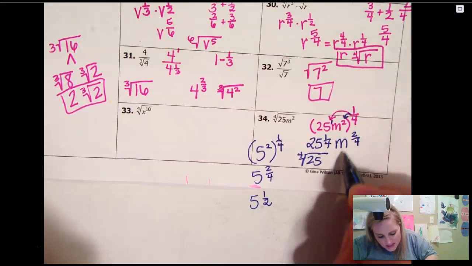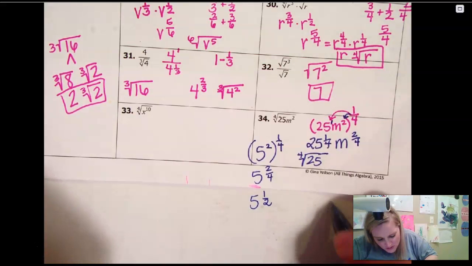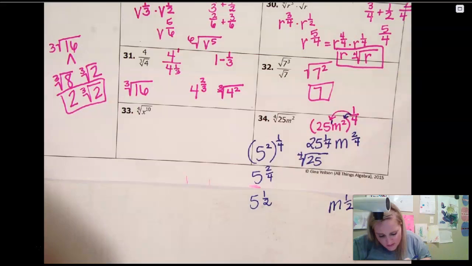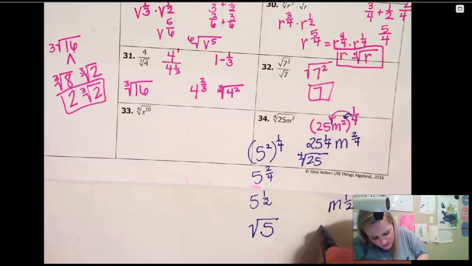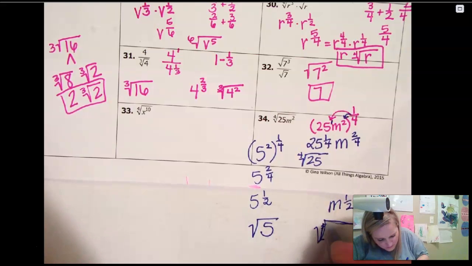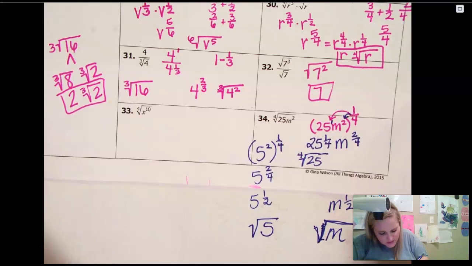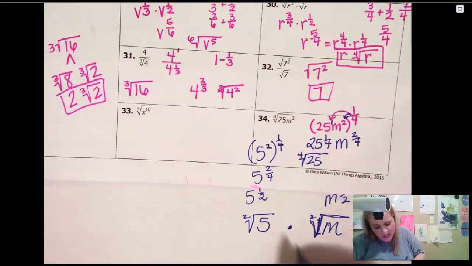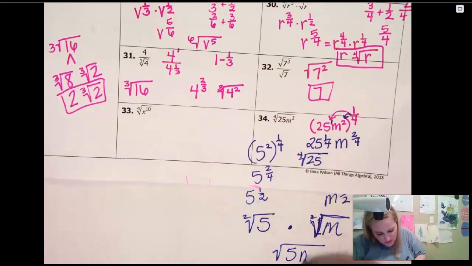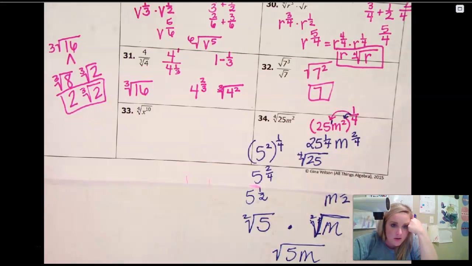This m over here to 2/4 also simplifies to 1/2. So that would be like the square root of 5 to the first and the square root of m to the first. And since both of those are in the same index of 2, which we just don't write, then you would just multiply those together, which would give you 5m. So that's a kind of a hard problem, but you can do it.